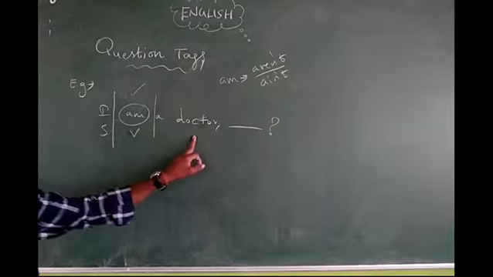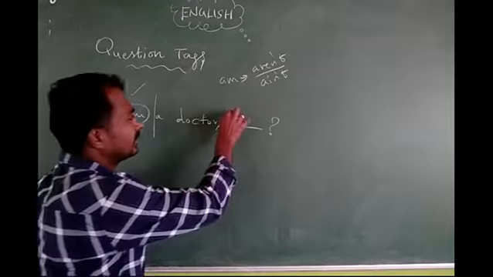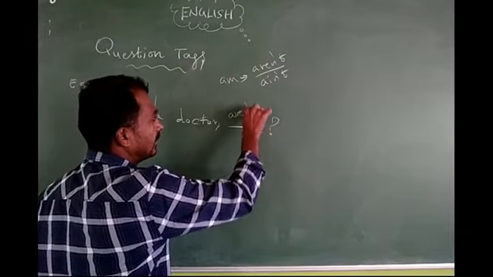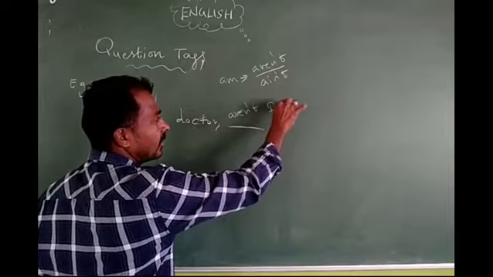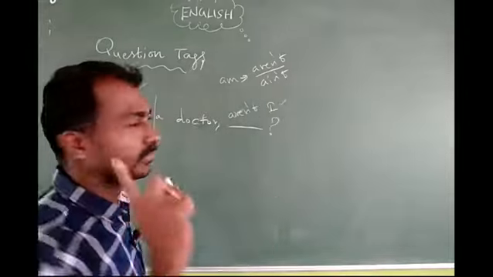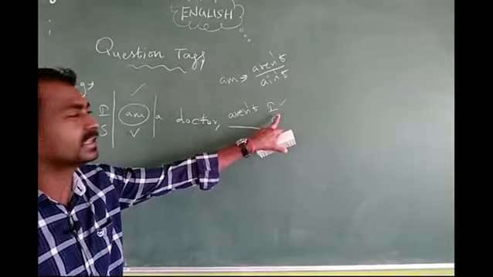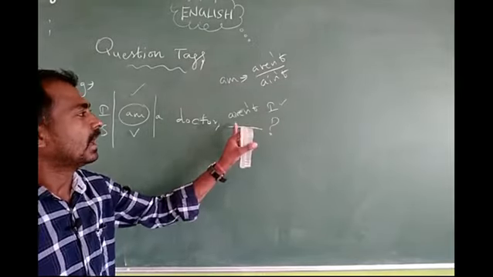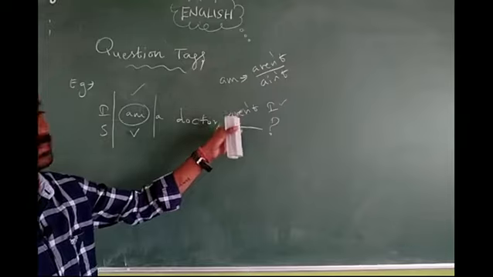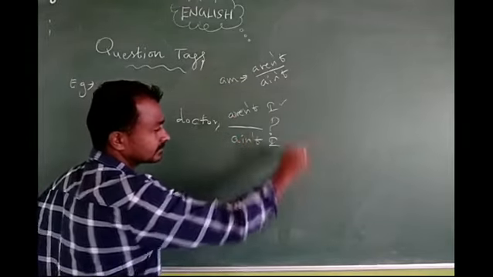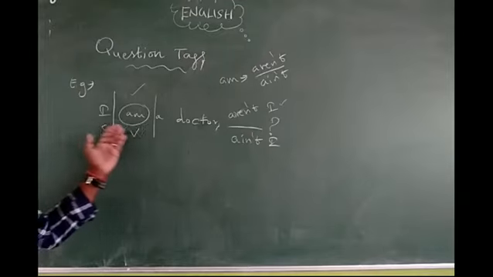So, I am a doctor, and the answer given here is "aren't I". Always I should be a capital letter, because the pronoun I refers to oneself. Remaining things we have to write in small letters. Aren't I, or otherwise one more answer, ain't I. So you see, I am a doctor.